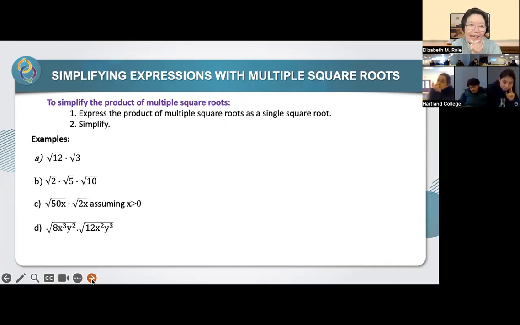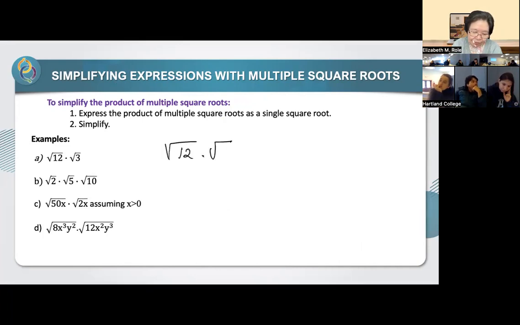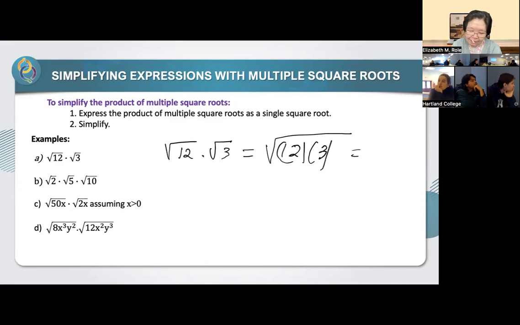So for letter A, if I say the square root of 12 times square root of 3, put that under a single square root, that will now be 12 times 3, and 12 times 3 is 36. And the square root of 36 is 6. So combine them first, do the multiplication before you extract the root.